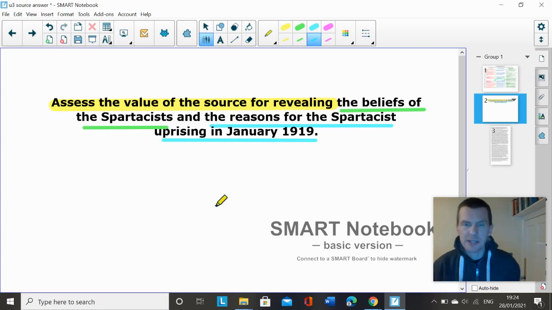The Spartacists in this context, after the First World War, Germany's in quite a lot of upheaval. The Spartacists were a left-wing radical group who tried to seize power in an unsuccessful uprising in January 1919. And the source, which we won't read through, was from their manifesto, published about 6 weeks before their uprising.